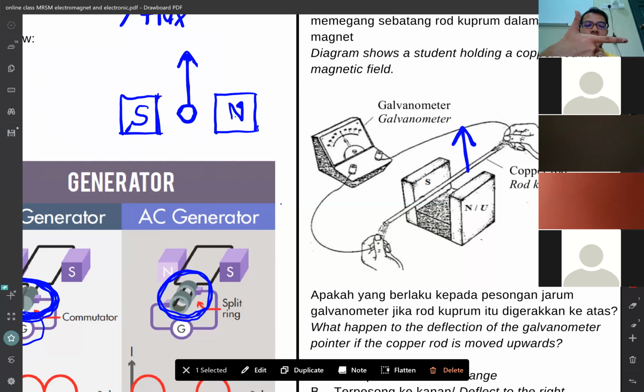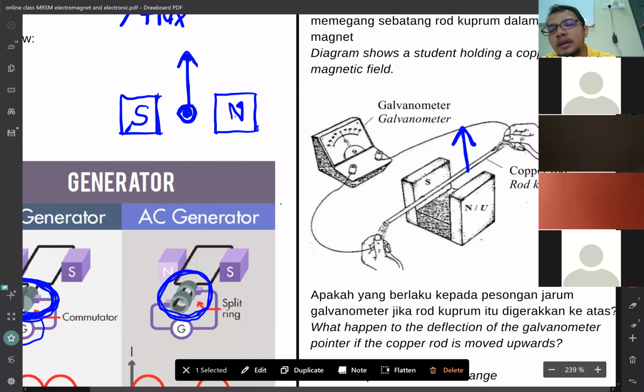But this time for the right hand, you want to find the direction of the middle finger. Based on my drawing, with north to south and the force to the top, the current flows towards me, meaning the current flows out. So out will be a dot.